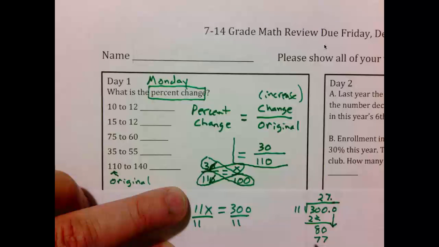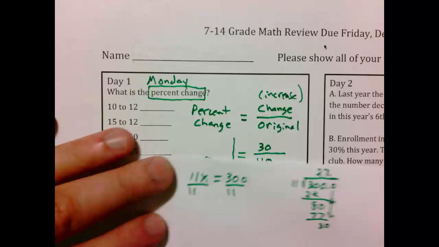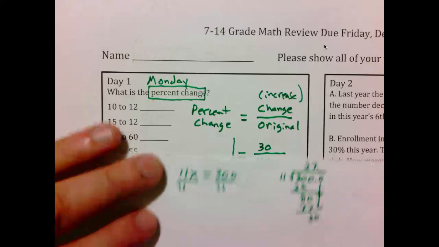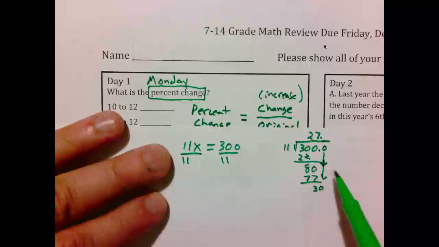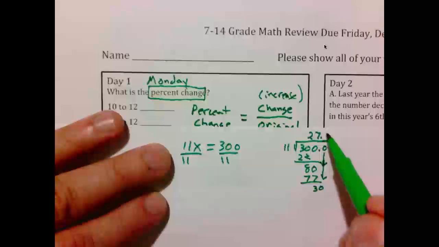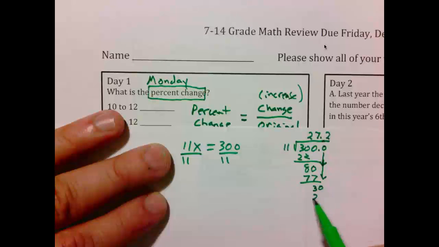First subtract, 80 minus 77 is 3. Bringing down my 0, we have 30. 11 into 30, 2 times. 2 times 11 is 22. Subtract and I get an 8.